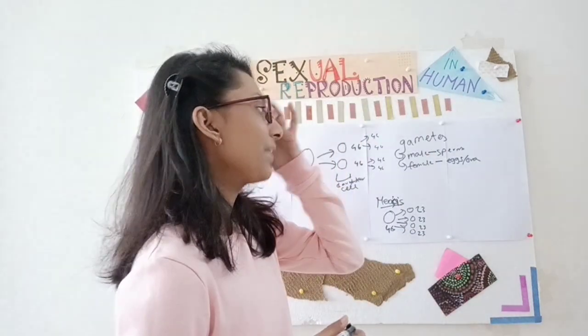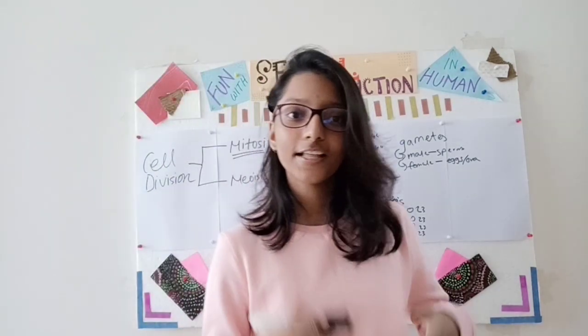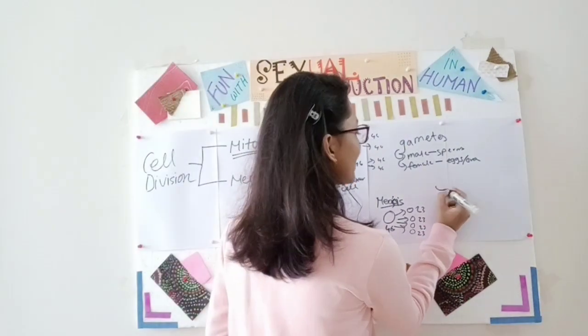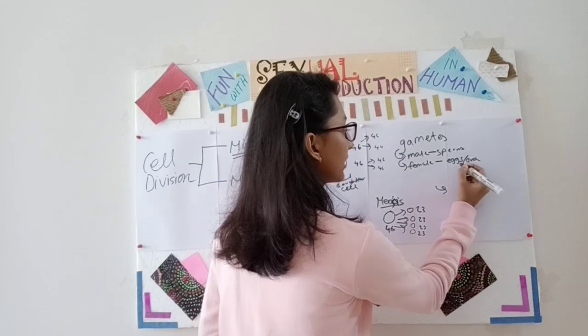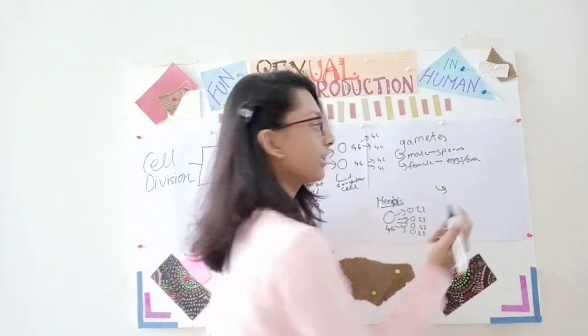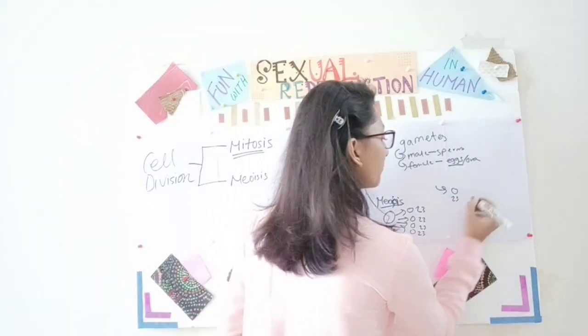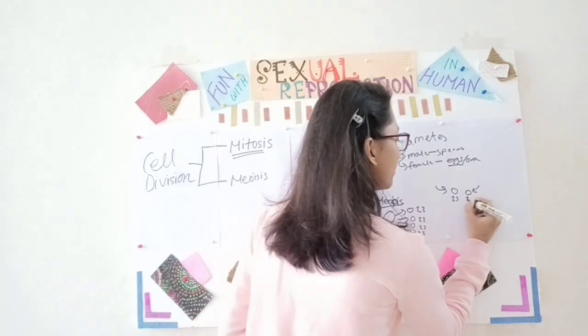Now, as I said, each and every cell in the body contains 46 chromosomes, except the gametes. If I take a cell from the female body, which is the egg, it has 23 chromosomes. If I take one sperm, it has 23 chromosomes.